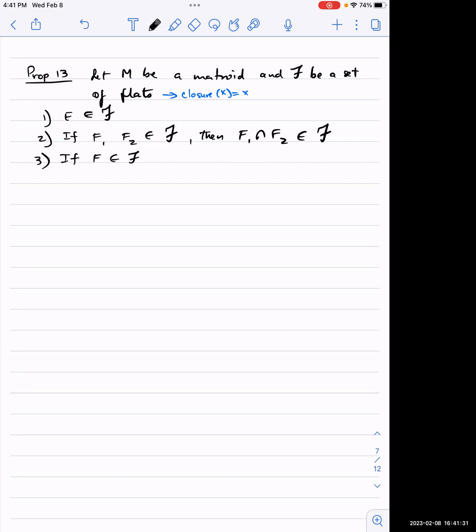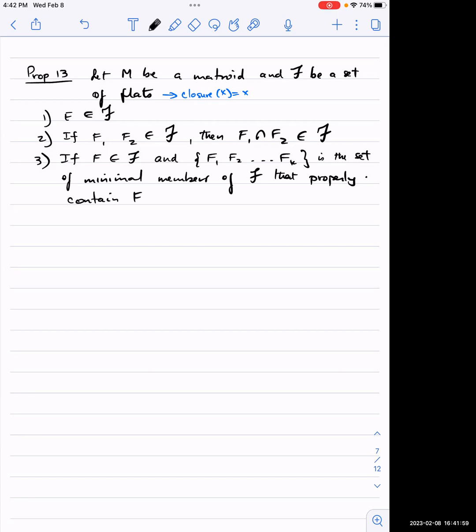3. If F is a flat, and F1, F2 to Fk is the set of minimal members of F that properly contain the beginning flat F, then F1 minus F, F2 minus F, Fk minus F partition E minus F. And I need this when we do the lattice presentation of matroids.